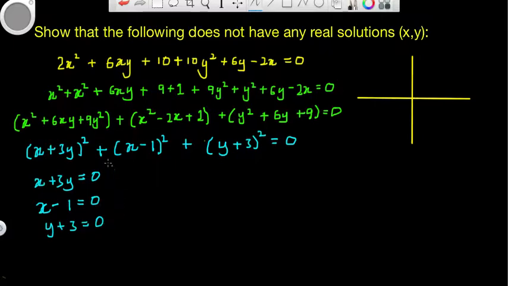And I'll just write why this must always be true. This is because the square of any real number is greater than or equal to 0. Okay, so now that we've established that little fact, we can go ahead and show that there are no real solutions to this question.